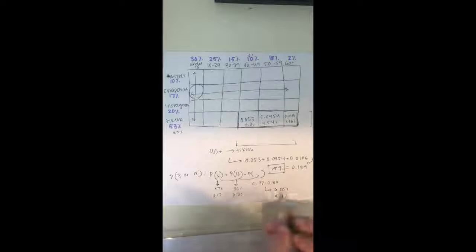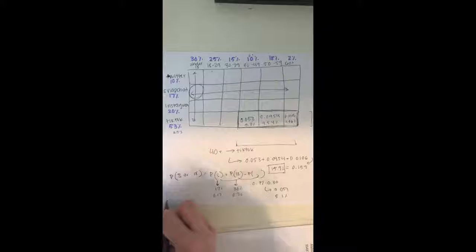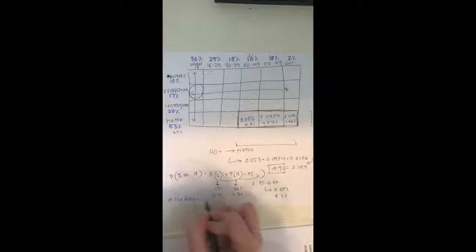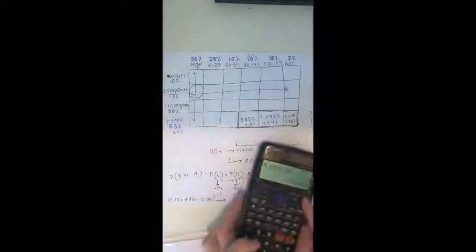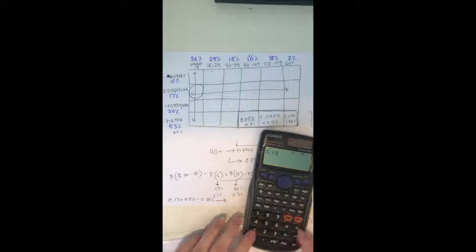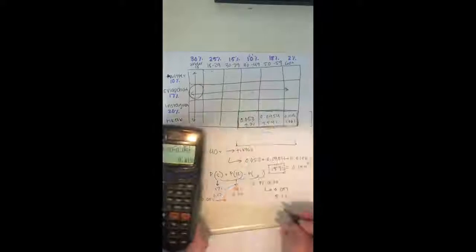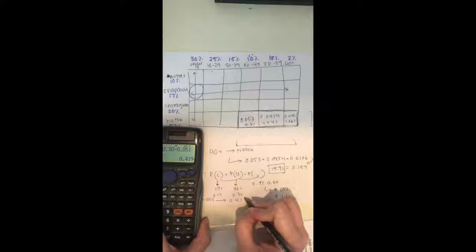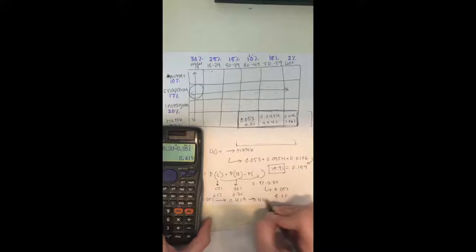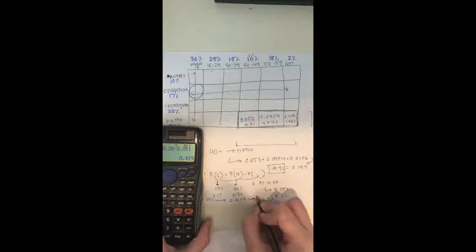And then what you'd have to do is basically just solve this. So I'll do it over here: 0.17 plus 0.30 minus 0.051, which, let's calculate that. 0.17 plus 0.30 minus 0.051 is equal to 0.419, which is 41.9%.